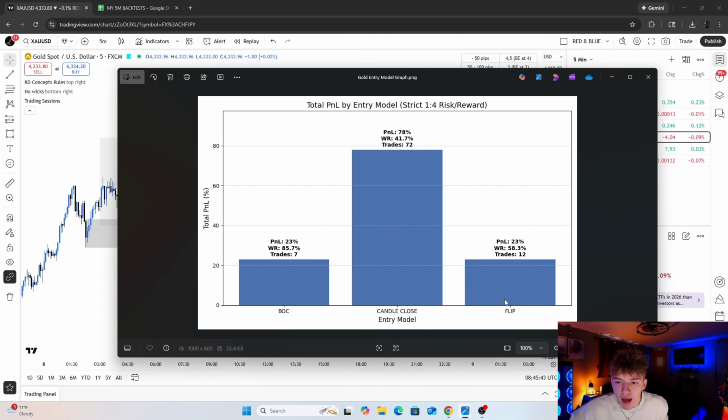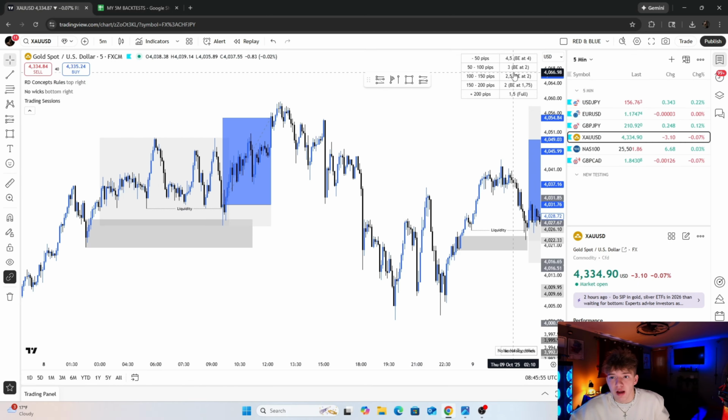I don't have any data. I know flip models or flip entries I always felt were a lot riskier. But again, we had no data. No one showed us anything. No one showed us why we have actual TP rules. Where's the data showing these TP rules are better than targeting strict 1 to 3s or strict 1 to 4s? There's literally none. I don't know where these TP rules came from.